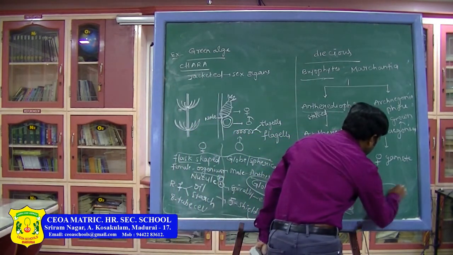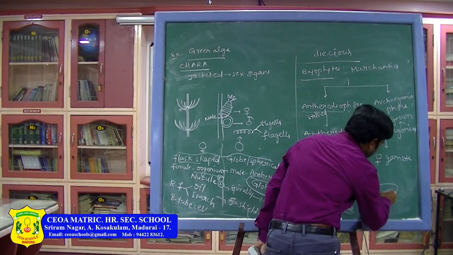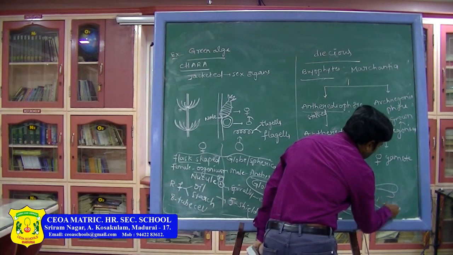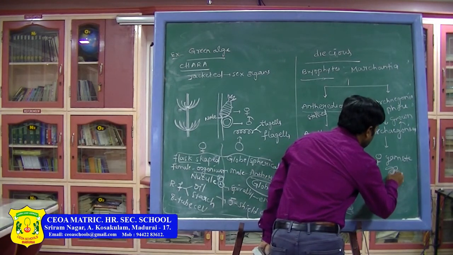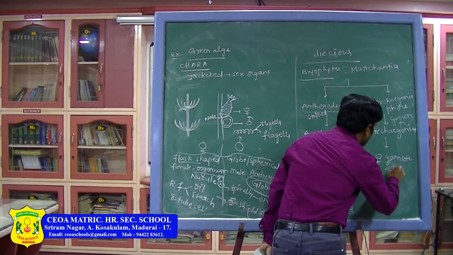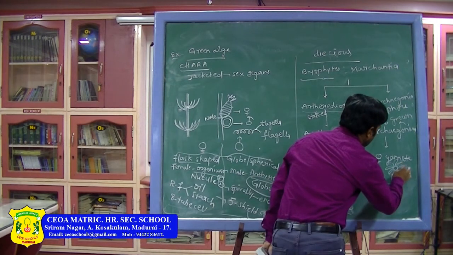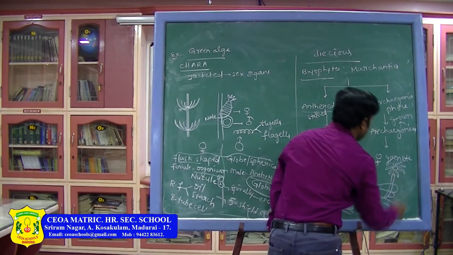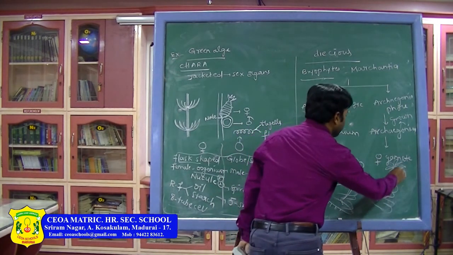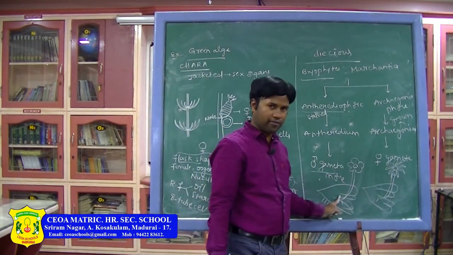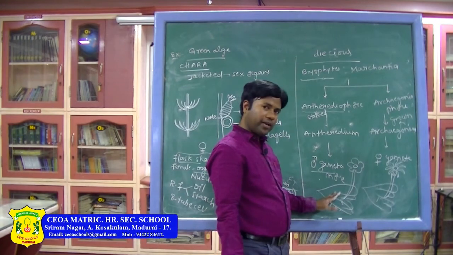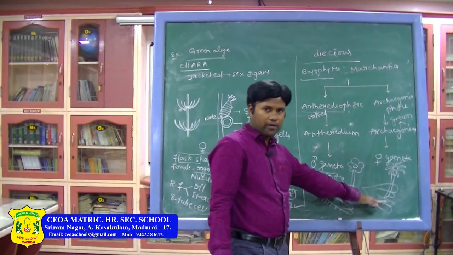Then the Marchantia body, when you see here, what will be grown? Female. It is the female part, the female thallus. So, these are growing on different plants. It is a male and it is a female.